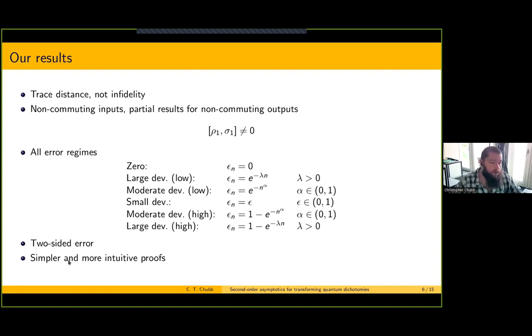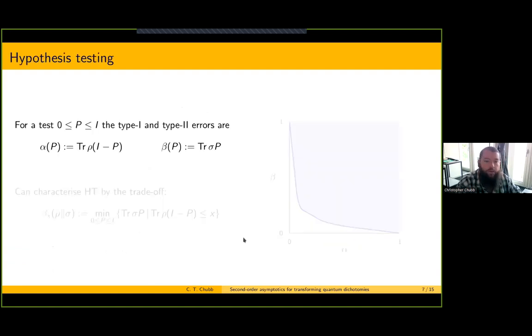And the main advantage from my perspective is the proofs, I think, are quite a bit simpler, a lot less involved than was for infidelity, which is one of the reasons we're able to extend all these different regimes, which is quite nice.